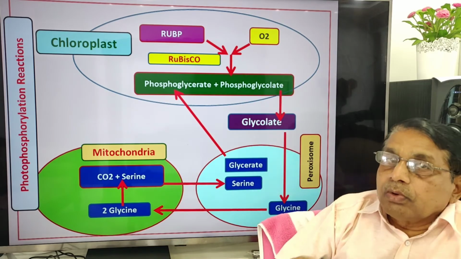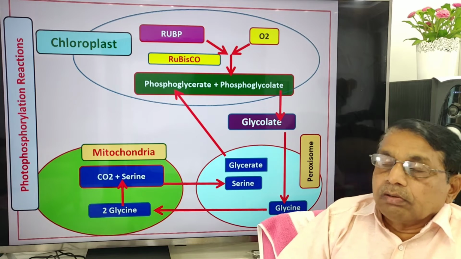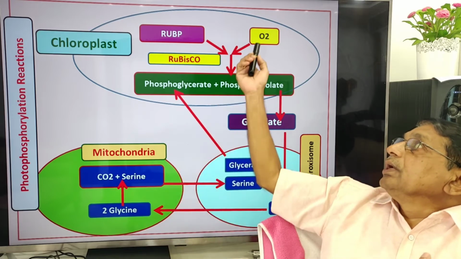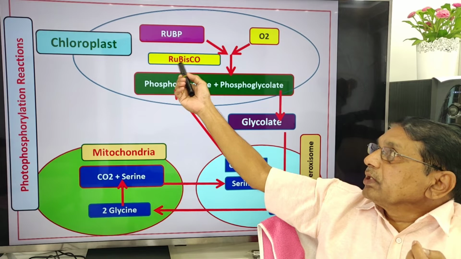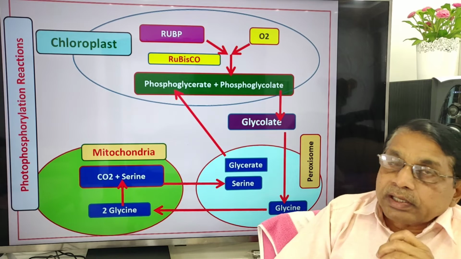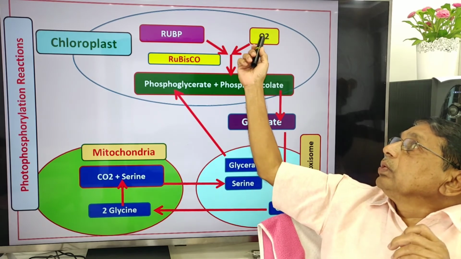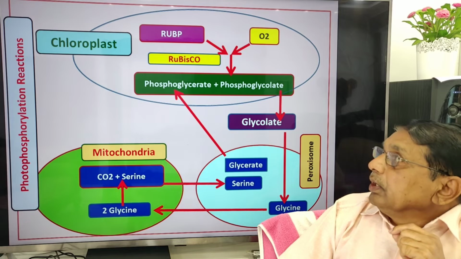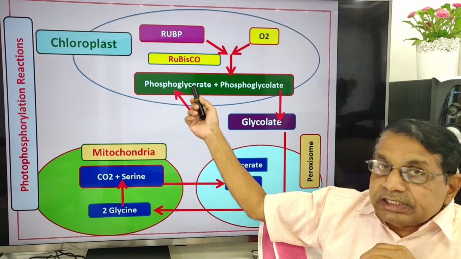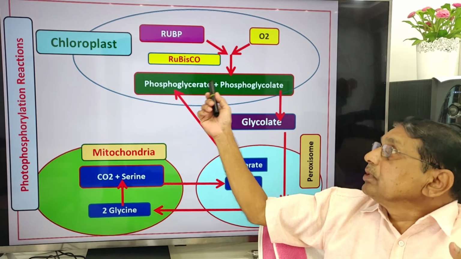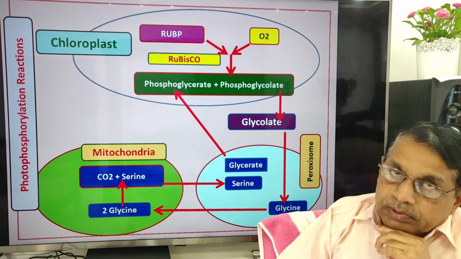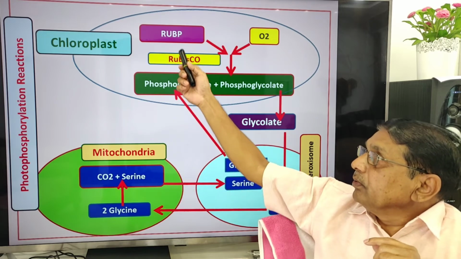Suppose more oxygen is there because active photosynthesis is taking place and more oxygen is released. Under such conditions, oxygen binds to the active site of Rubisco. RuBP is a 5-carbon compound, and oxygen has no carbon. Therefore two products are formed: phosphoglycerate, a C3 compound containing 3 carbon atoms, and phosphoglycolate, a C2 compound containing 2 carbon atoms.